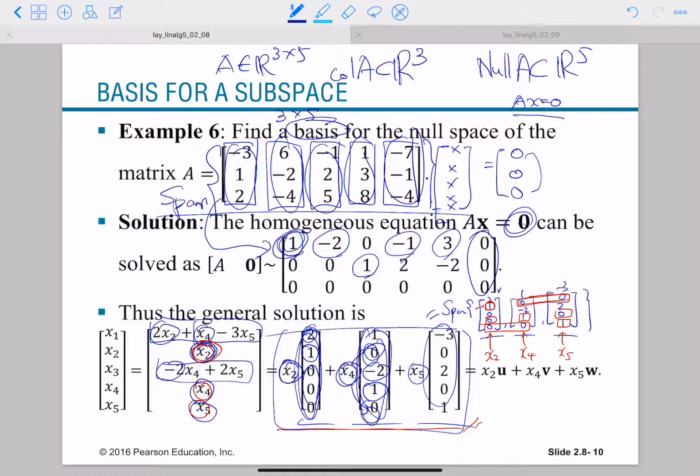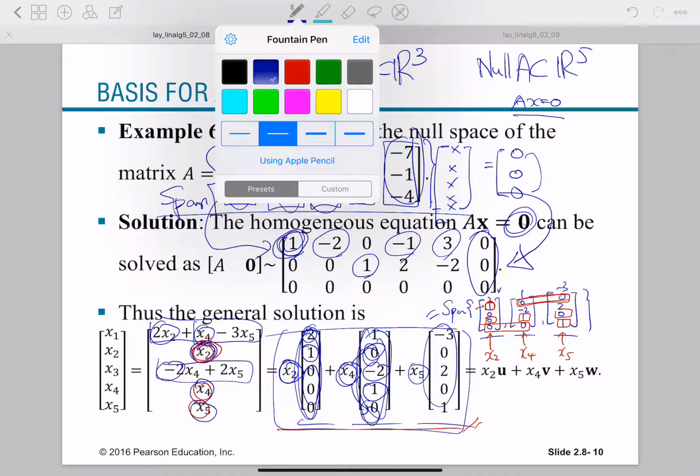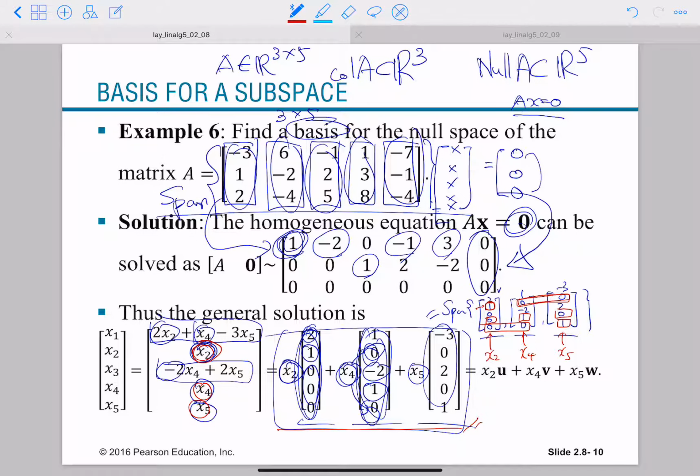And then what will be the basis of this column space? Because it has this reduced echelon form, we can indicate which one is a free variable and which one is the basic variable, right?